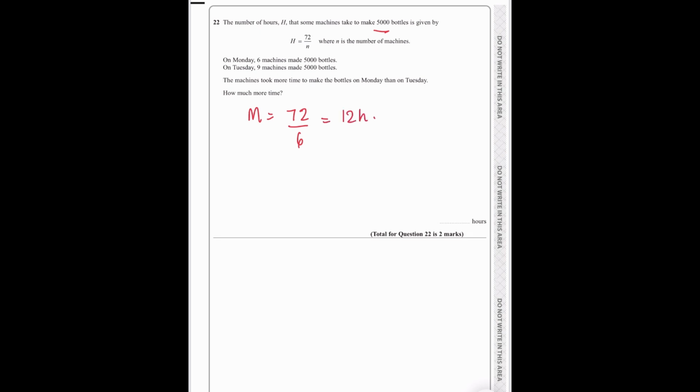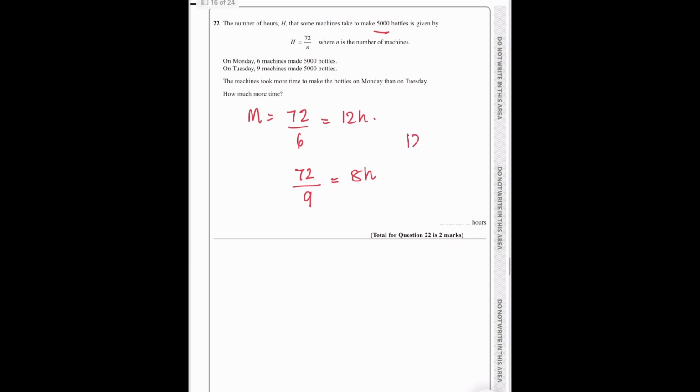On Tuesday, we had 72 divided by 9, which gives us 8 hours. Now, the machines took more time to make bottles on Monday than Tuesday. How much more time? So this is 12 hours take away 8 hours, which gives us 4 hours.